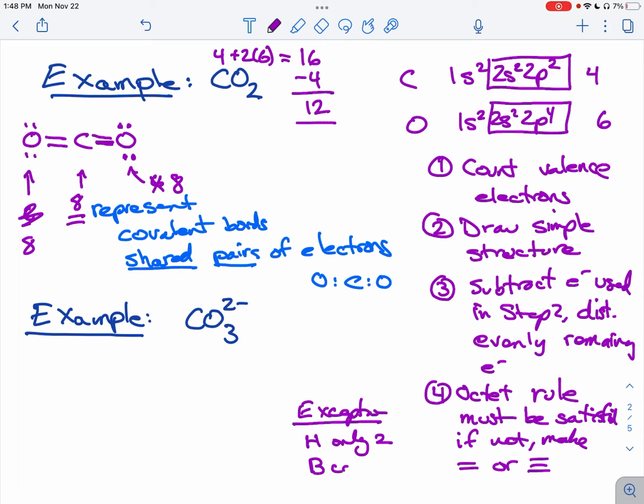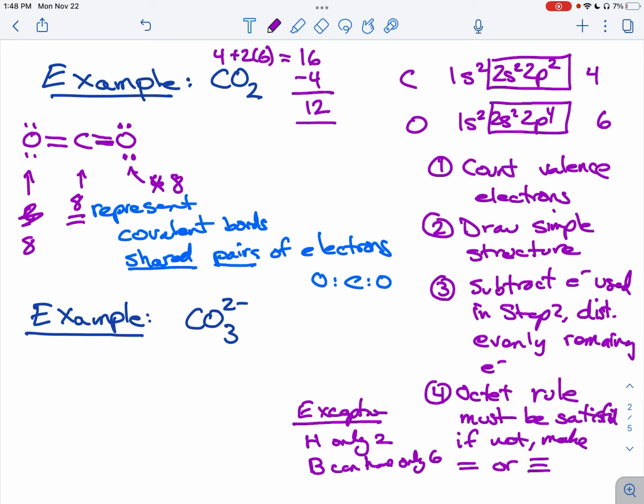Boron can have only 6. Beryllium sometimes makes molecules with only 4. Sulfur, phosphorus, chlorine, iodine, they can actually have more than 8, which is something we'll deal with at a later point. So there are a lot of exceptions to the octet rule. It's just a rule of thumb. It usually works for atoms.